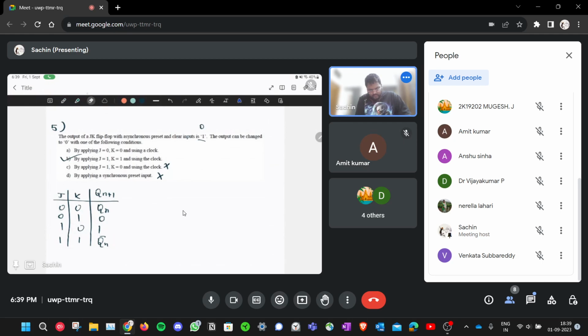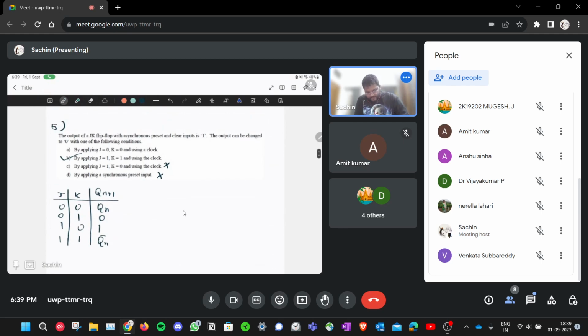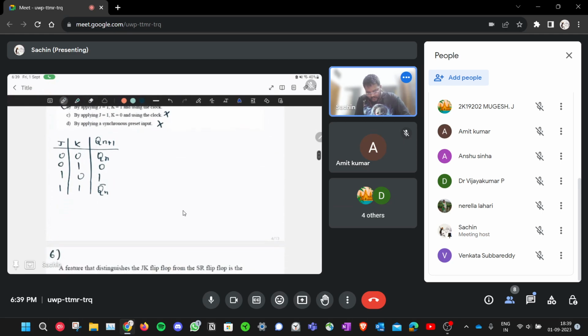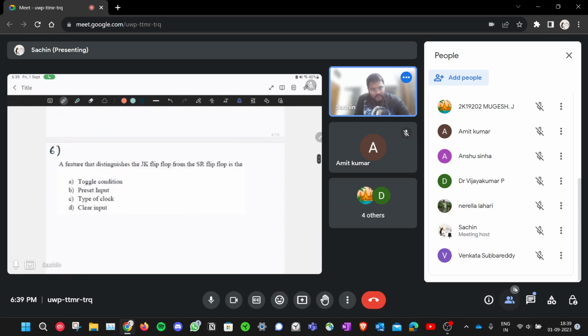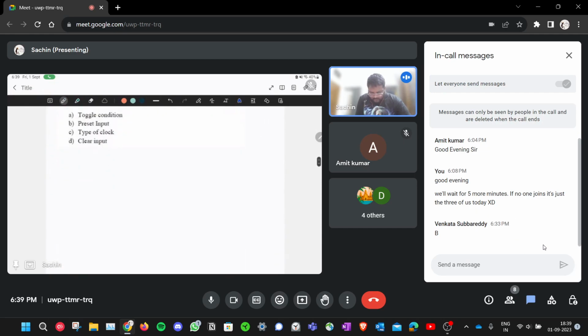But since output is already 1, then to get a 0, either you can give a 0 1 or you can toggle it by giving 1 1. But since 0 1 is not an option here, then it has to be 1 1. Yeah, Venkata. Option B is right. It's option B.